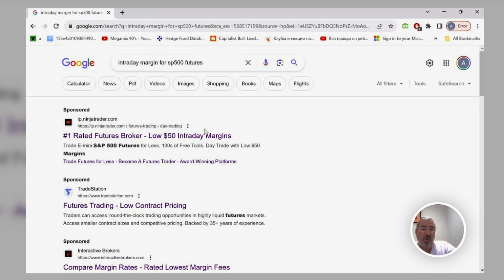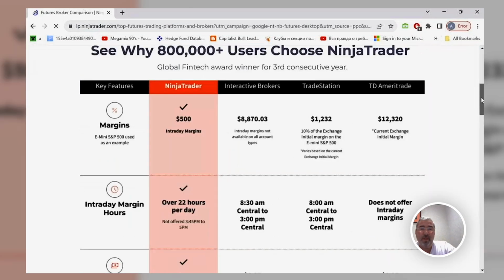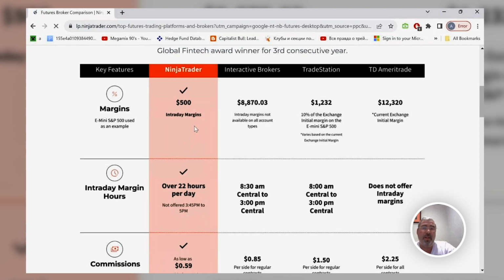Let's say you go on NinjaTrader. Right here, you see NinjaTrader. You need $500 intraday margin. It says right here that Interactive Brokers charges you $8,800, which is incorrect. It's not an intraday margin, and it's not available on all accounts. That's not correct. Interactive Brokers charges you somewhere between $500 and $1,000. So that's the NinjaTrader Interactive Brokers intraday margin.